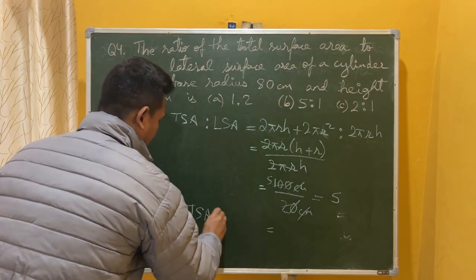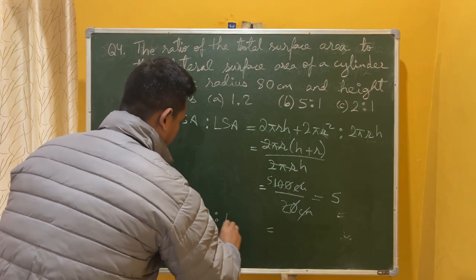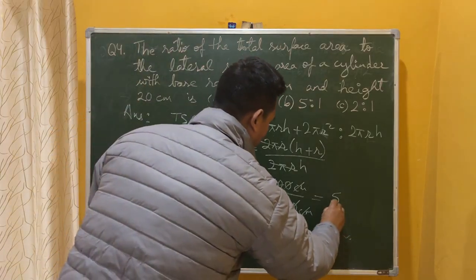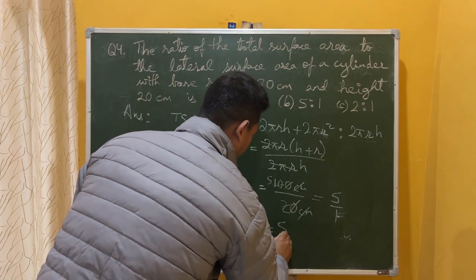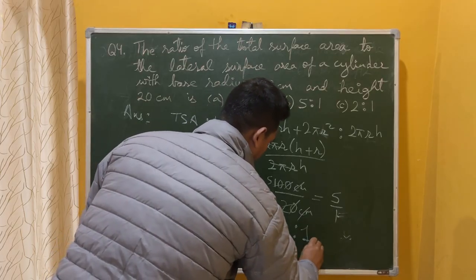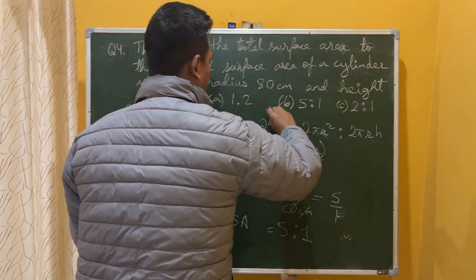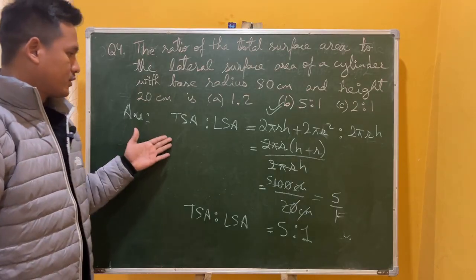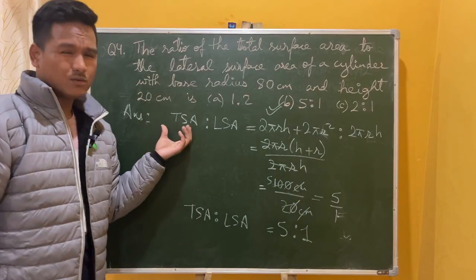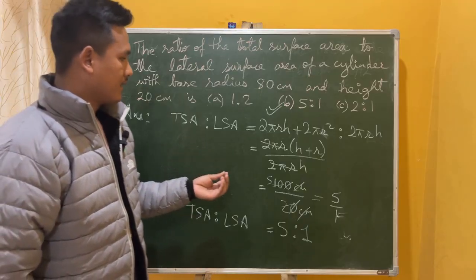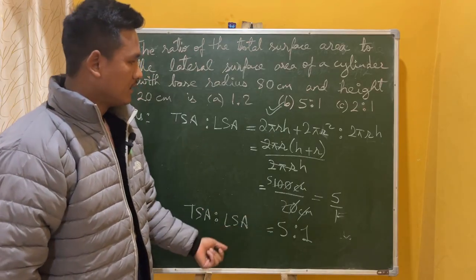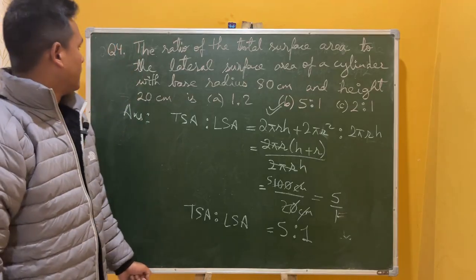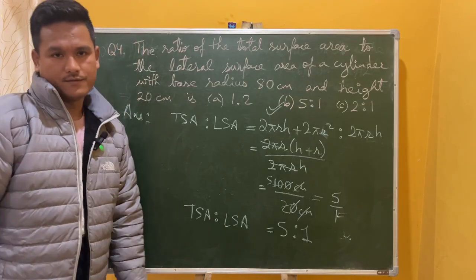Total surface area is to lateral surface area or curved surface area is 5 upon 1, so it can be written as 5 is to 1. So this is our answer. I guess you understood how it's done. You just need to know the formula and write it in this manner, so you'll get the answer. Let's move on to question number 5 now.